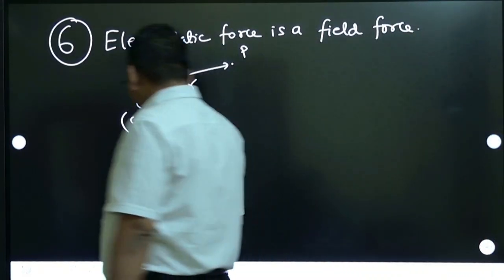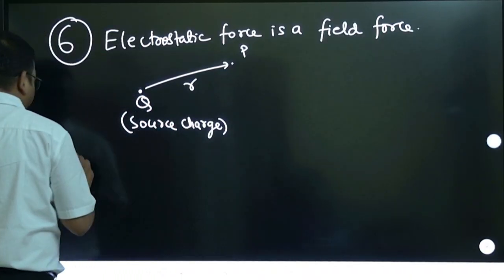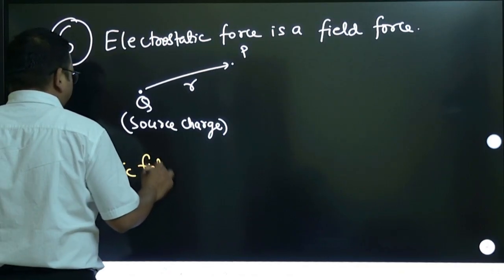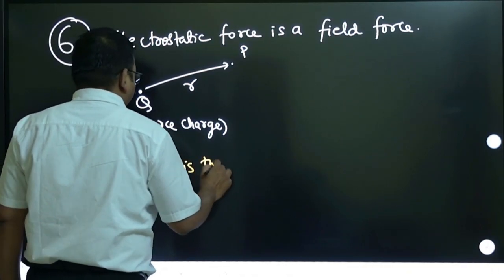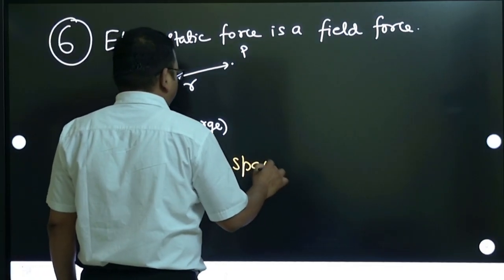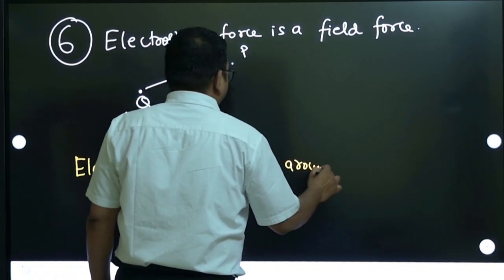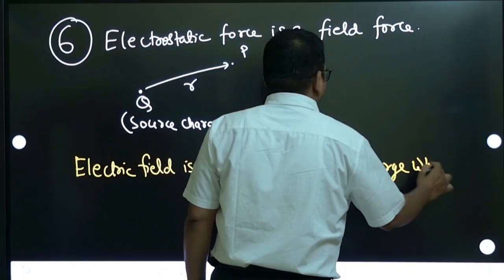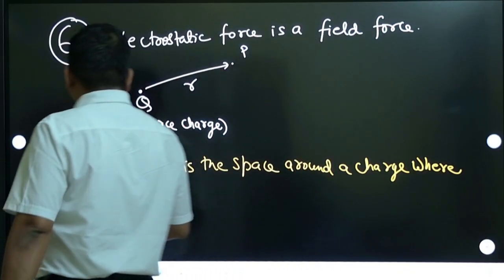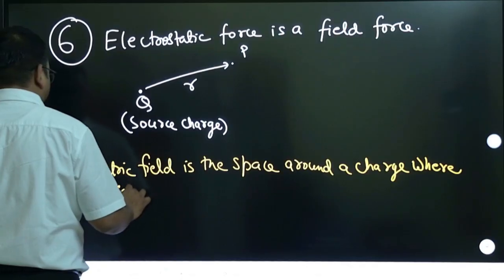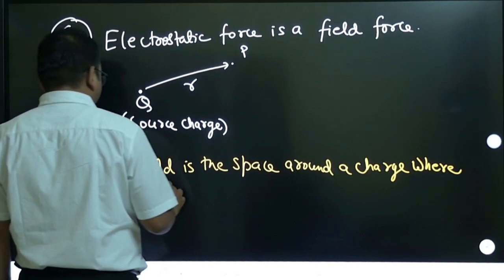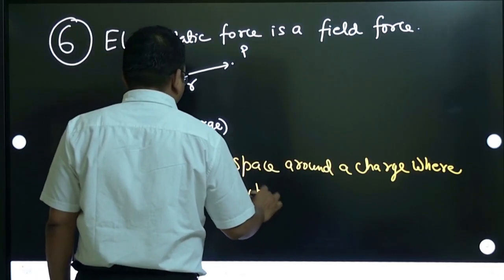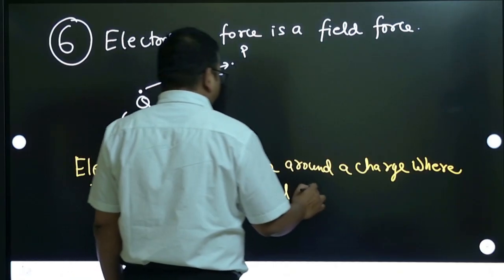So the electric field is the space around a charge where it can show electrical effects.